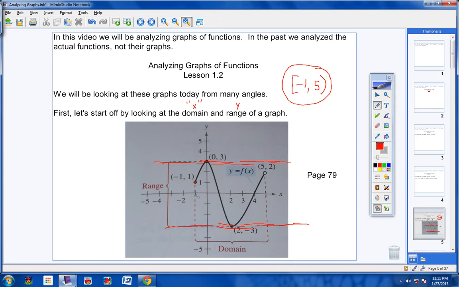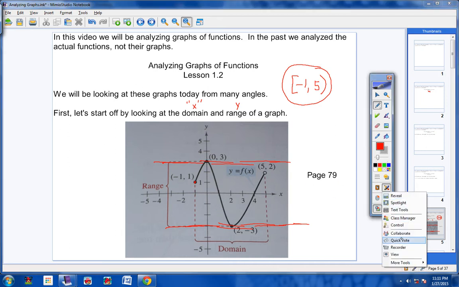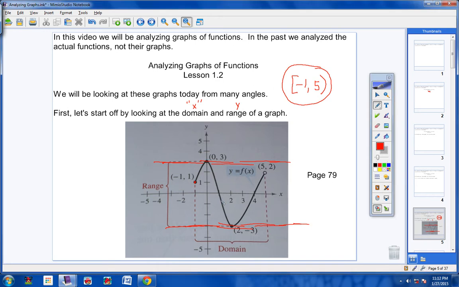Just like here, we went from left to right, from the negative side to the positive side, with the domain, here with your y values, the range is going to start with the negative part of the y-axis and go up to the positive. Now guys, that should not be confusing.